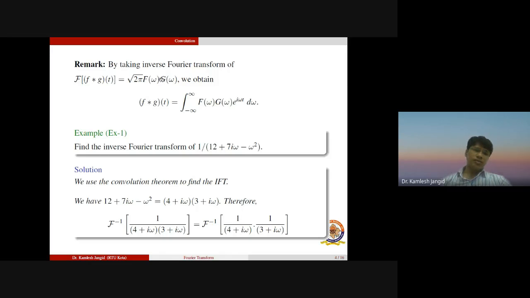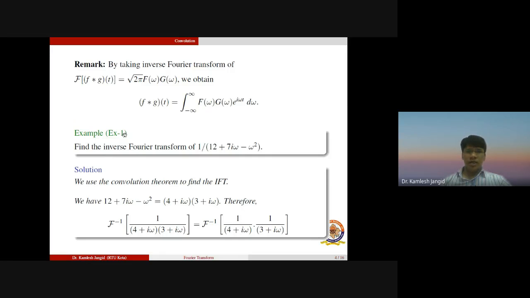Now, if you take the inverse Fourier transformation of this relation using the definition of the inverse Fourier transformation, we obtain that the convolution of two functions is equal to the integral from minus infinity to plus infinity of f of omega g of omega times e raised to the power iota omega t d omega. So basically, the inverse Fourier transformation of the product of two Fourier transformations is equal to the convolution of their respective functions.